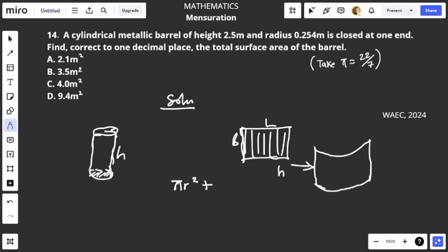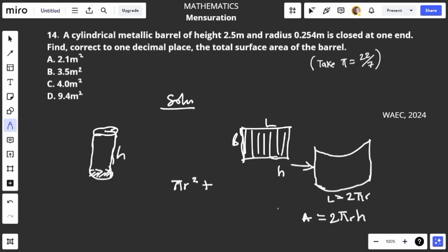The distance round. So the length here will be equal to 2 pi r, because the circumference of a circle is given by 2 pi r. So what's the area of this rectangle we drew out from the cylinder? It will be 2 pi r, the length, times the breadth, which is represented by the height.